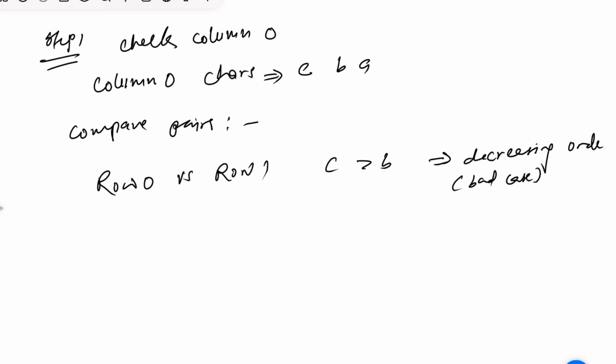Then we have row 1 vs row 2, and B is greater than A, and it's also decreasing. So this is also a bad case, right?